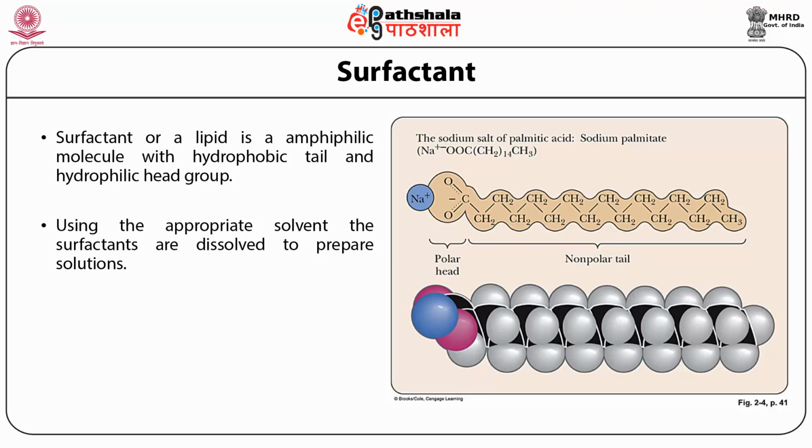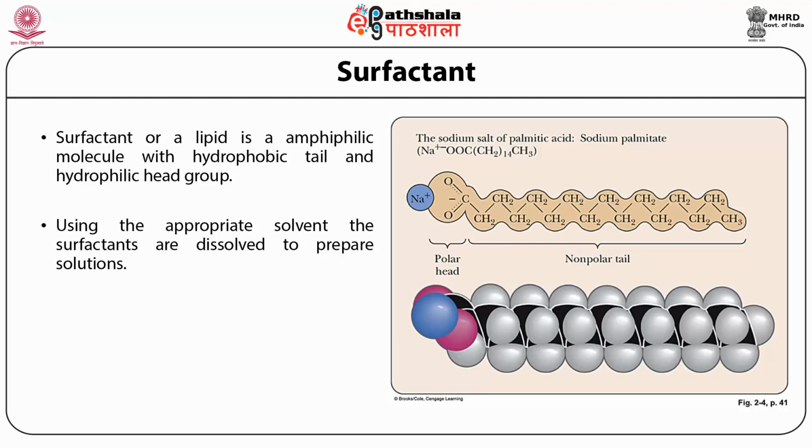The tail is usually hydrophobic, so when you put it inside the water, the hydrophilic head group would like to stay in the water, and the hydrophobic tail goes out of the water. So this molecule has a bipolar character: when you put it in the water, it decides which side to stay in.